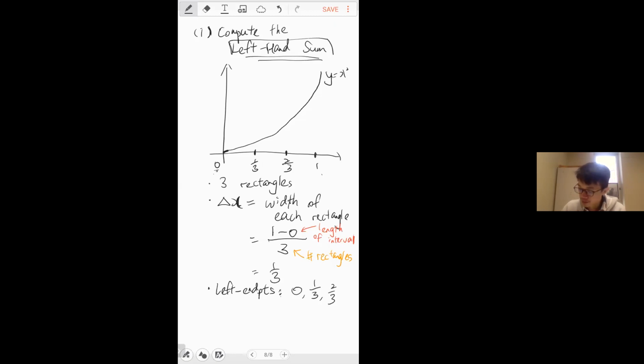Now you should keep in mind that the number of left endpoints should be the same as the number of rectangles. And in this case, I'm taking 3 rectangles, so I should have 3 endpoints. So that's correct: 0, 1/3, and 2/3.